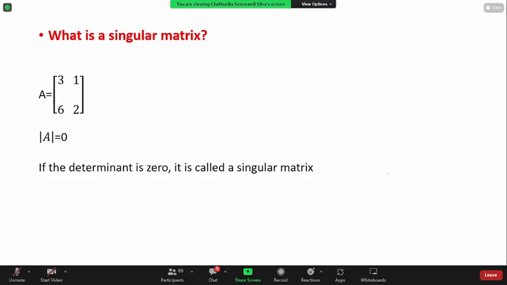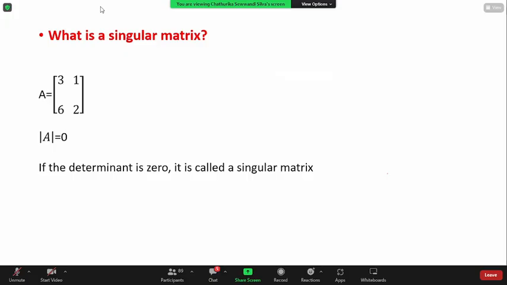How will the singularity of a matrix affect other calculations? If a given matrix is singular, what will happen to the inverse of the matrix? One answer I got: inverse is also zero.